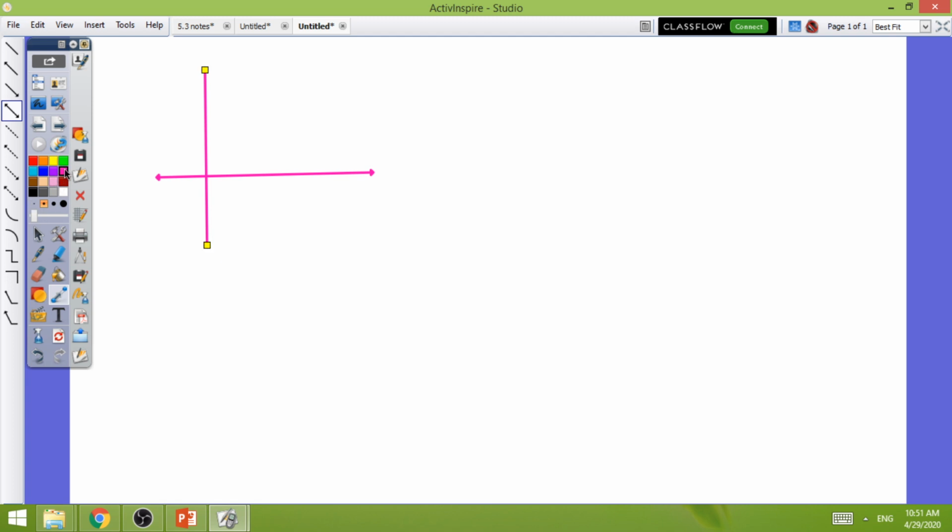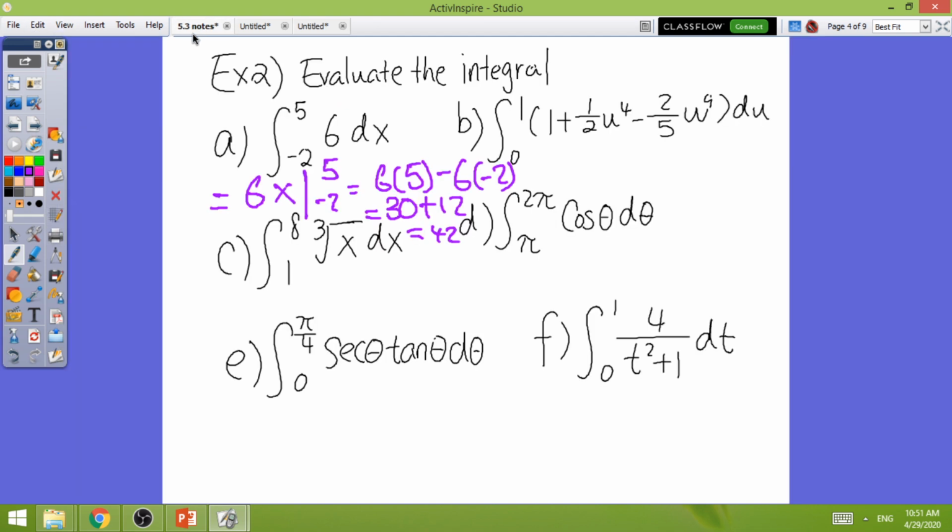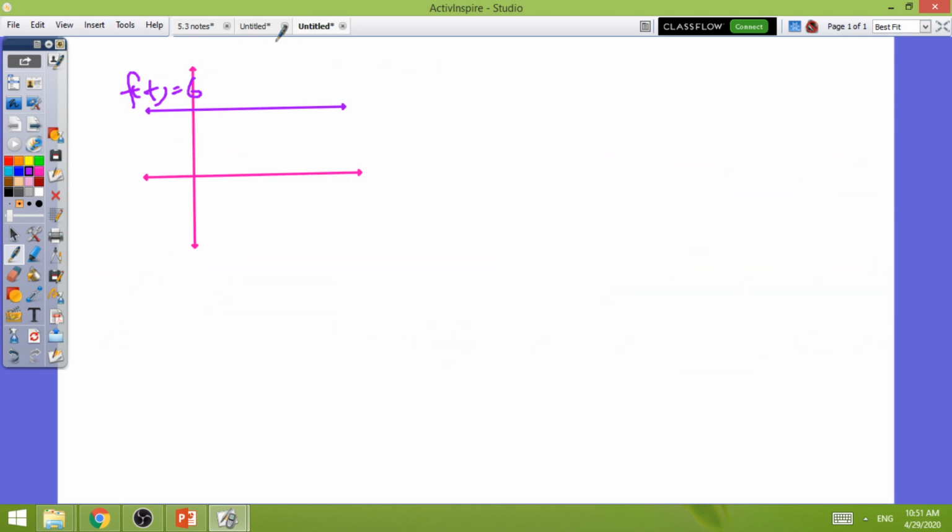The integrand is f of t equals 6, right up here. Now you only have to integrate it from -2 to 5, so -2, -1, 1, 2, 3, 4, 5. Basically you want to find the area from -2 all the way to 5.